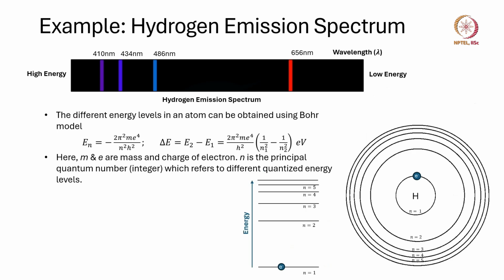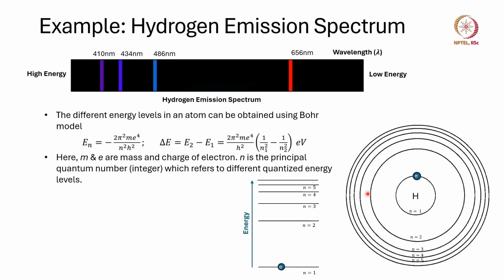Now, let's see the different electronic transitions that occur in a hydrogen atom when energy is supplied to it. As we can see here, the hydrogen atom contains only one electron, and that one electron occupies the ground state, which is n equal to 1 energy level when it is not excited.